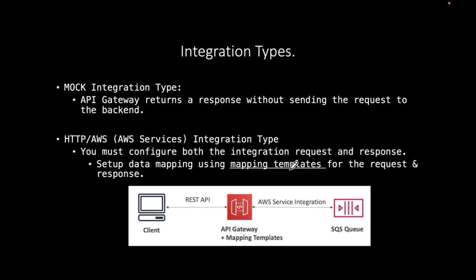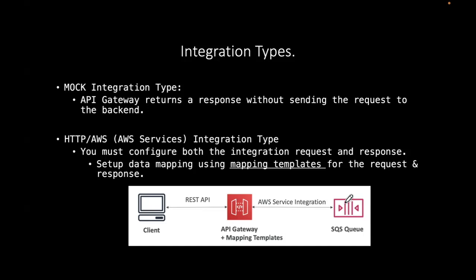These mapping templates are part of the web API that you have created. And what the mapping templates do is describe how a request should be transformed before it is passed on to the backend. So for example, here, if the backend is not a Lambda at all, it's an SQS queue.